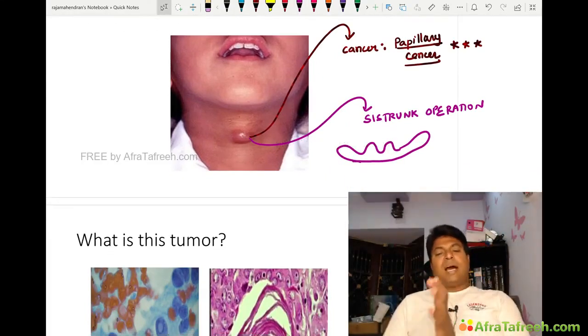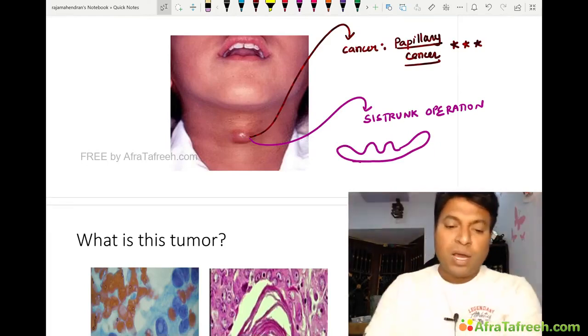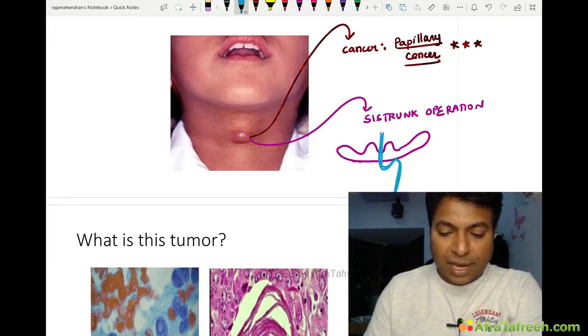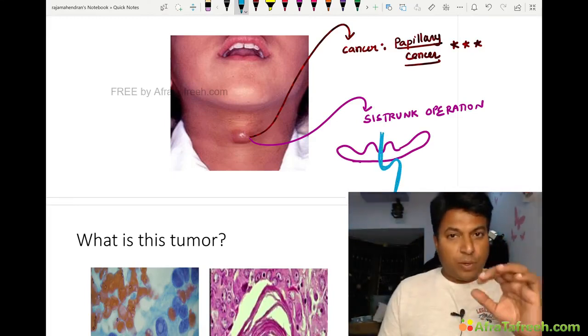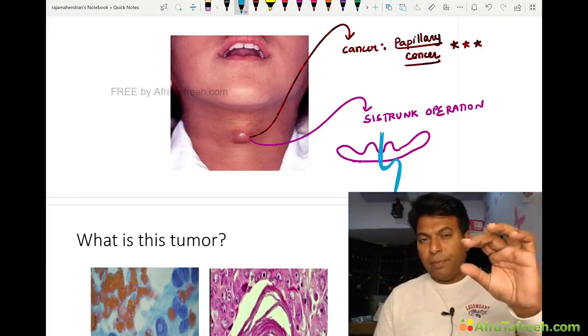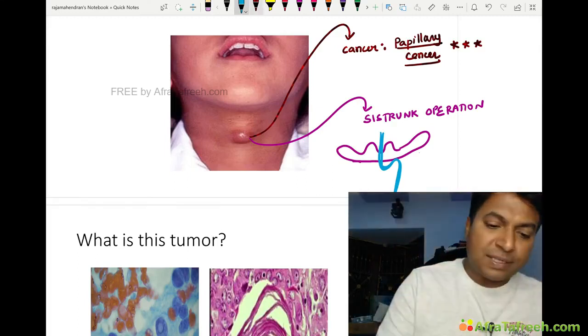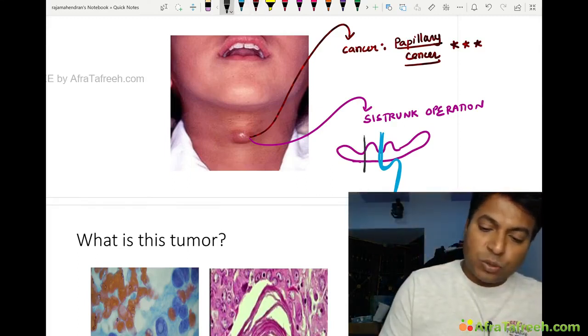What is cut in the hyoid bone? Sistrunk operation means we have to cut the hyoid bone along with the tract of the thyroglossal cyst. The question is, will you remove the full hyoid bone, the lateral portion, or the central portion? The answer is, I should cut the central part of the hyoid bone.